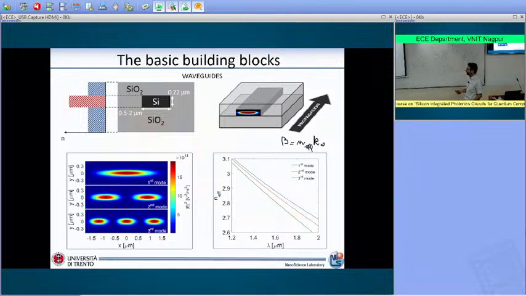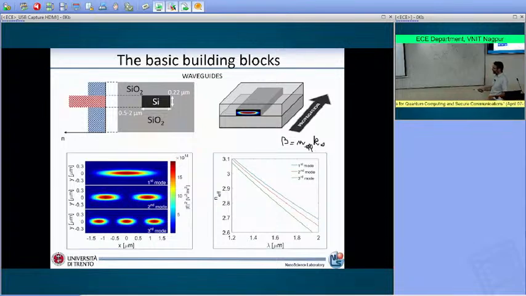We already know that in silicon photonics the waveguides are some 0.2 micron thick, and the width can be changed, maybe between 0.5 and 2 micron. Depending on the width of the waveguide, we can have a monomode or a multimodal waveguide, meaning that inside the waveguide not only the fundamental mode propagates, but also the higher order modes.